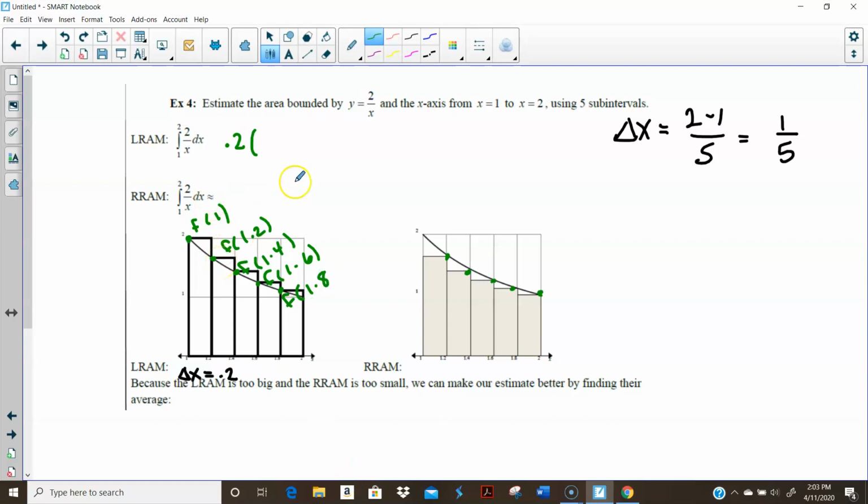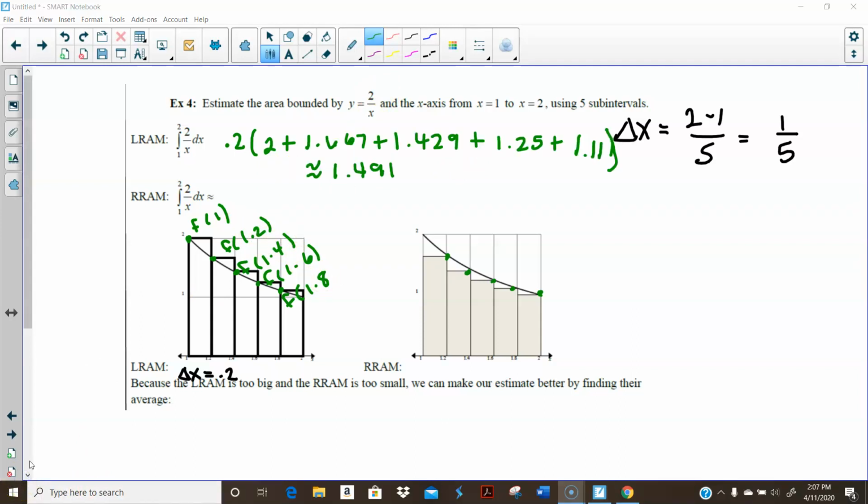All right, so if you find f of 1, you put 1 in for x. 2 over 1 is 2. And then go ahead and try these, plug those in, and let's figure out what the left side is going to be.